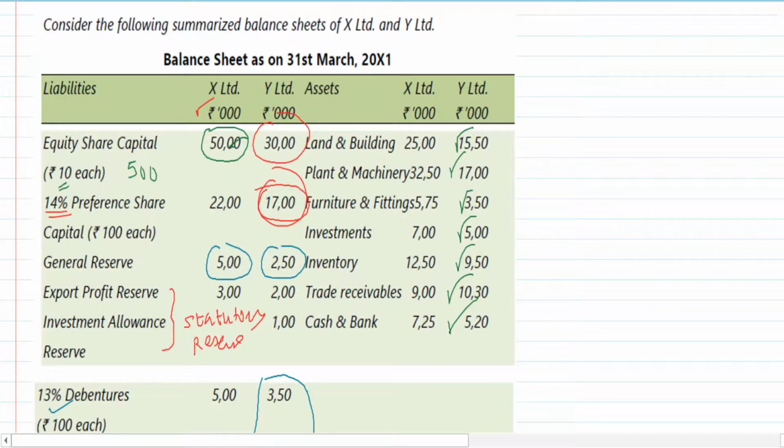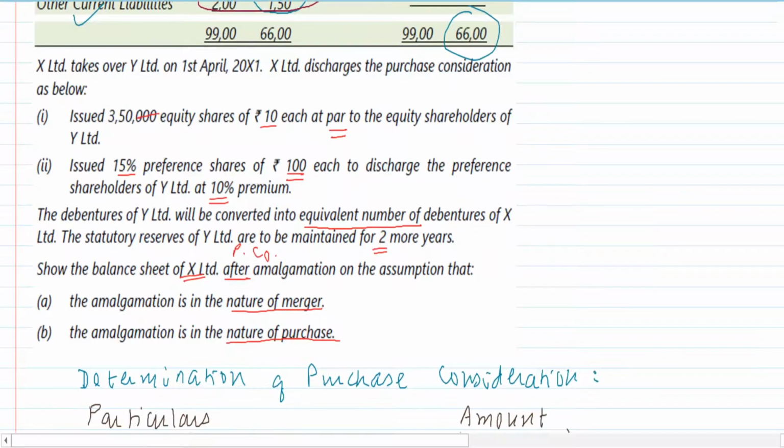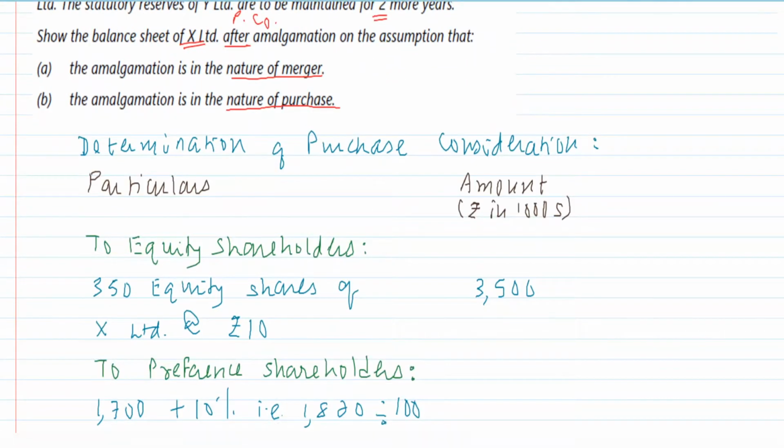Okay, 500 shares. And then if you check with the purchase consideration calculation that we have done, we have issued another 350. So 500 plus 350, now total 850 shares are there.